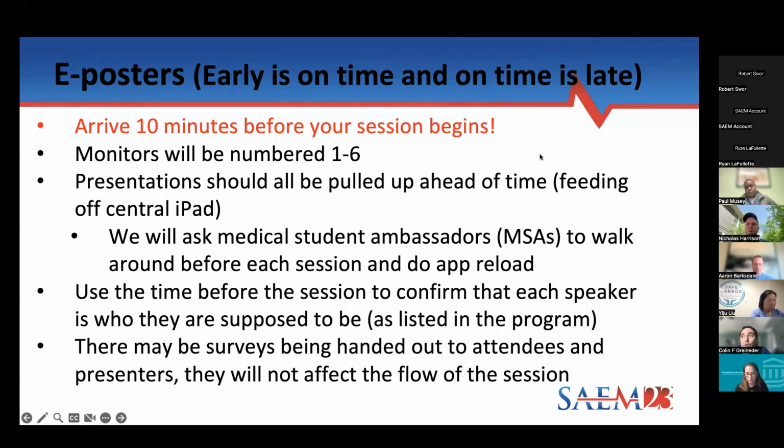If there is a problem loading, that's where you're going to want to use one of the phone numbers. And I believe, guys, correct me if I'm wrong, it's Holly and Kari that you're going to call if something's going wrong from an AV standpoint. And again, just improvise. If it happens to be the first poster, for example, that can't get pulled up properly, just move on to the next poster, and you can always come back to that.